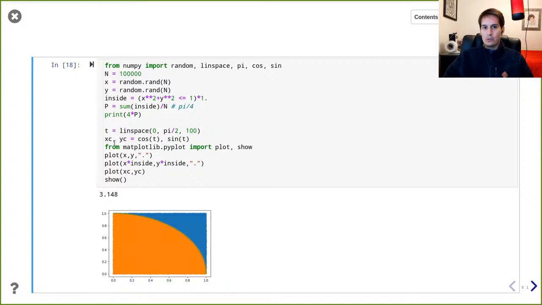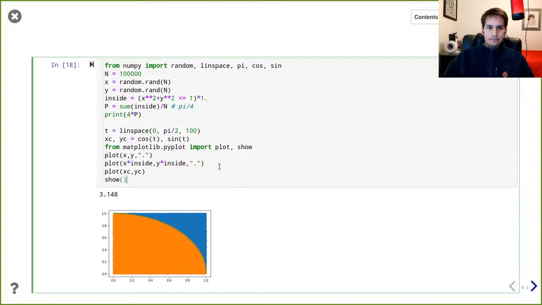Because basically what we are doing here is trying to approximate the integral of the area under this curve. So by throwing points randomly, you can also approximate more complicated integrals. And that's something that is very useful when you have more dimensions. Here it's not that useful, but when you have like 100 dimensions and you can't integrate, then just throwing points is a good way to approximate.